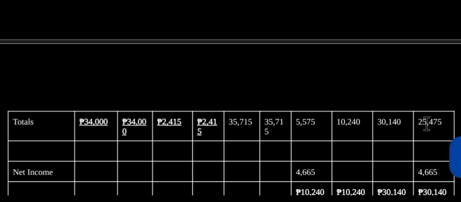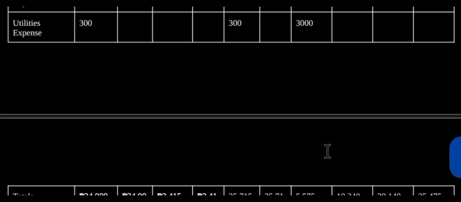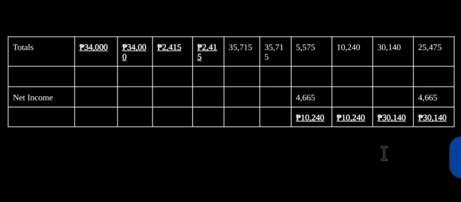In order to balance this, all we have to do is put the profit of the printing plus on the smaller amount and then add them up in order to get a balanced amount.